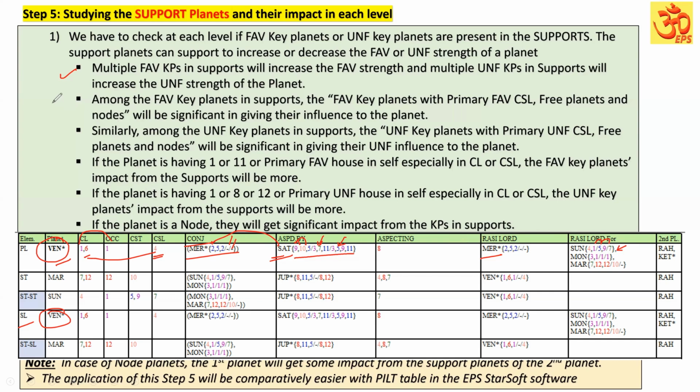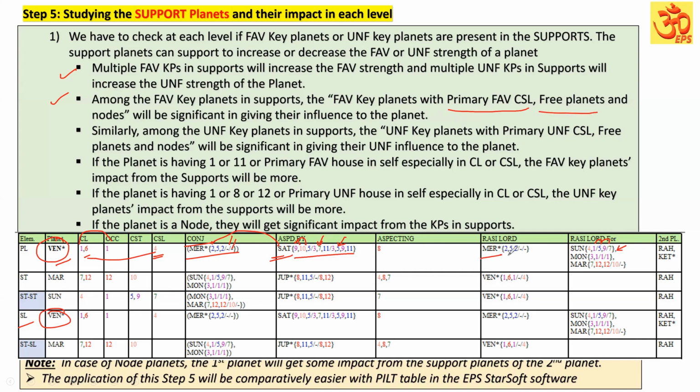You can see here in the next point, among the favorable key planets in support, the favorable key planets with primary favorable cuspal sublord. You can see Sun is favorable cuspal sublord for the 7th house and also a good favorable key planet. And free planets. What are free planets?